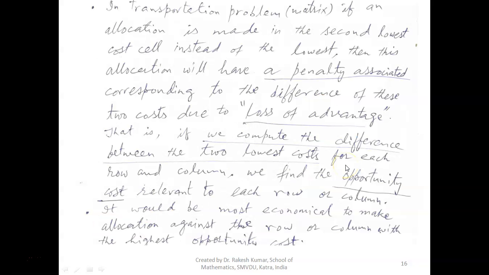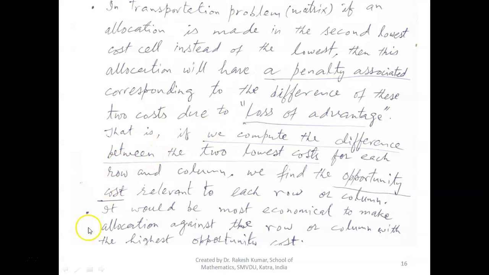In a transportation table, if an allocation is made in the second lowest cost cell instead of the lowest, then this allocation will have a penalty corresponding to the difference of these two costs, due to loss of advantage.